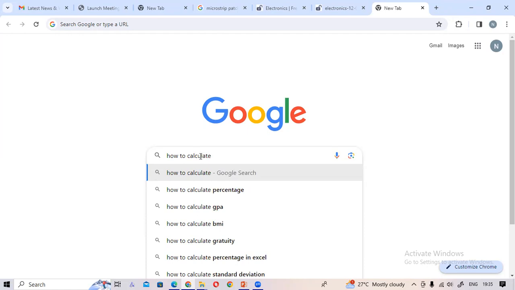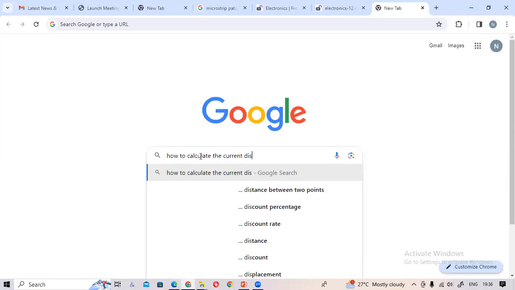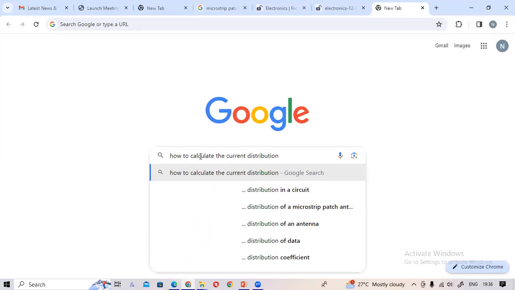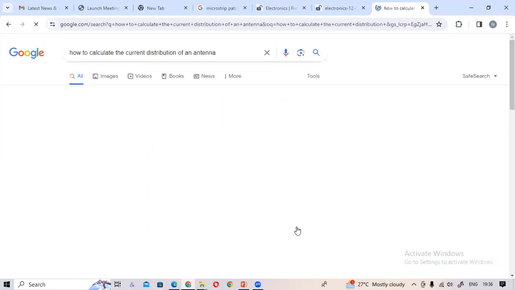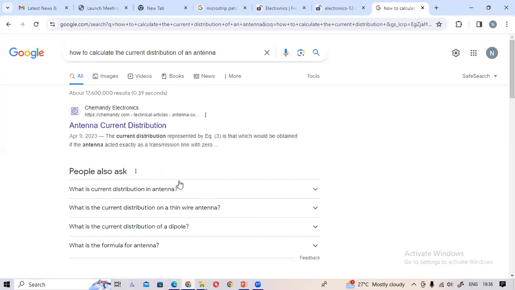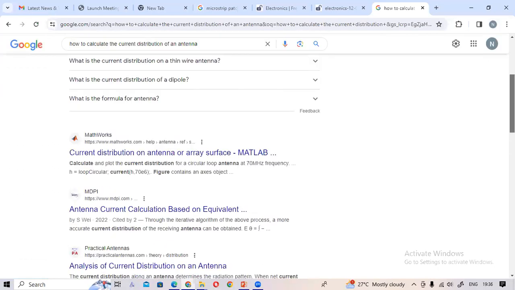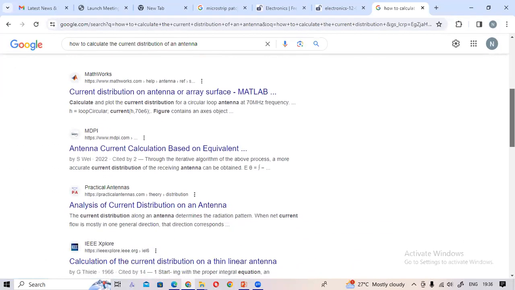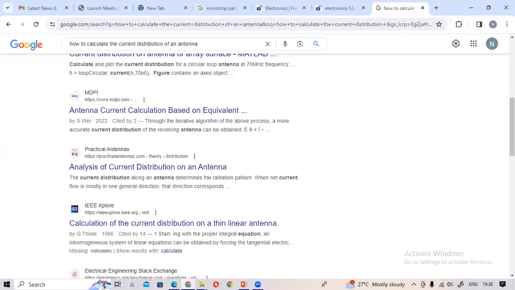I can't remember how to calculate the current distribution in an antenna.